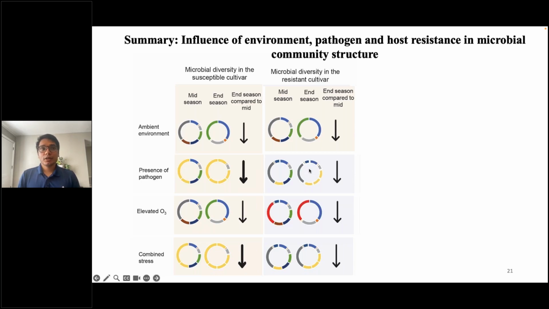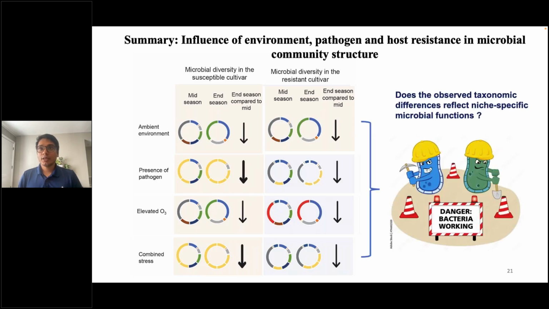So as we saw distinct microbial communities across different environmental conditions, presence of pathogen, and the combined stress, we wanted to see how these distinct microbial community structures function in the presence of these different stresses, and how they are overcoming those stresses. So we wanted to see if this taxonomic difference is also being reflected in the microbial function.